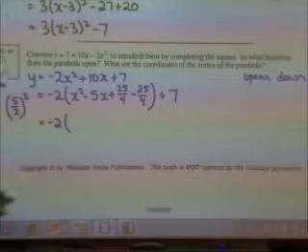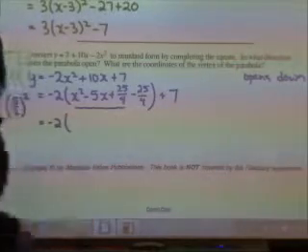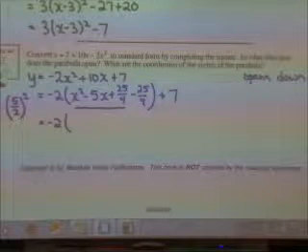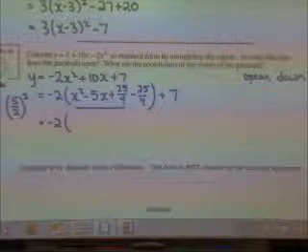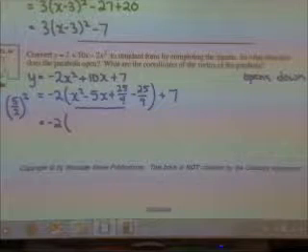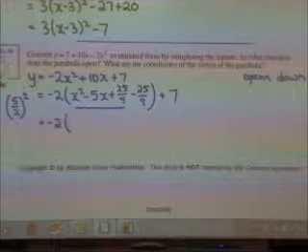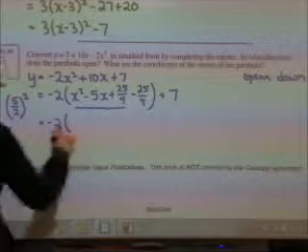Now I can factor these 3 terms. So when I factor that trinomial, what do I get? X minus 5/2 squared.